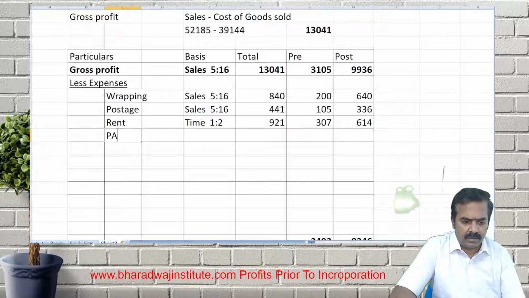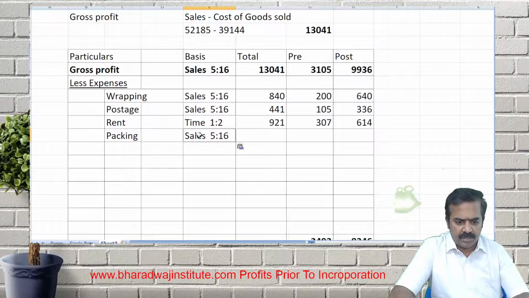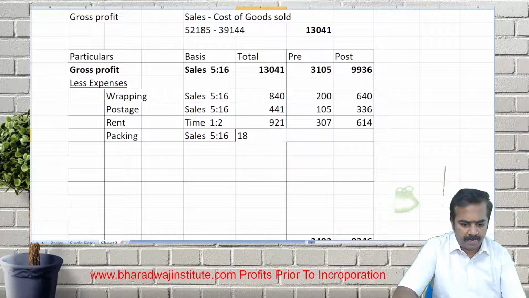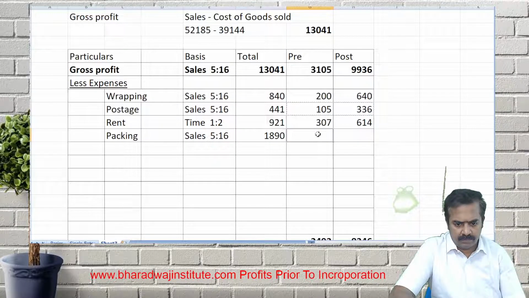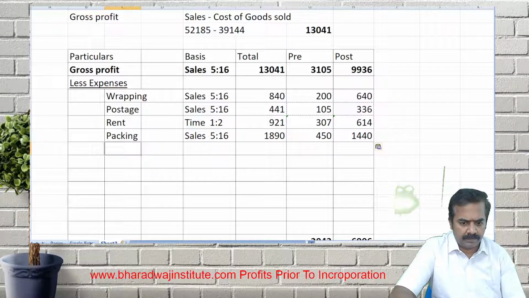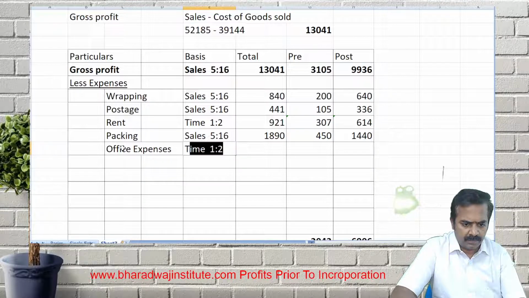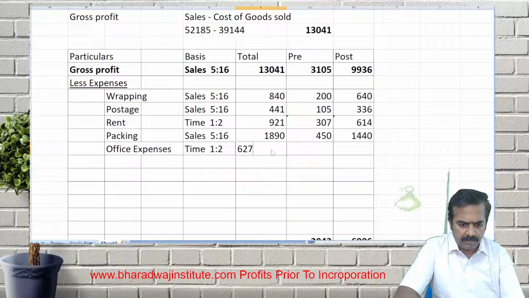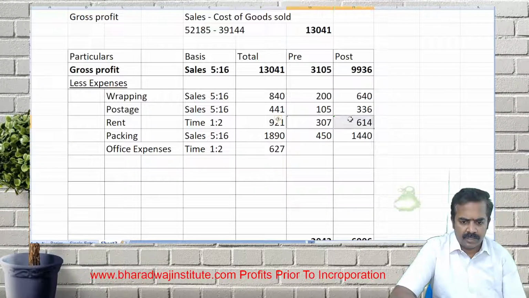Packing expenses are based on sales ratio. What is the amount? 1890. Then office expenses, 627. For office expense, fixed per month is given.